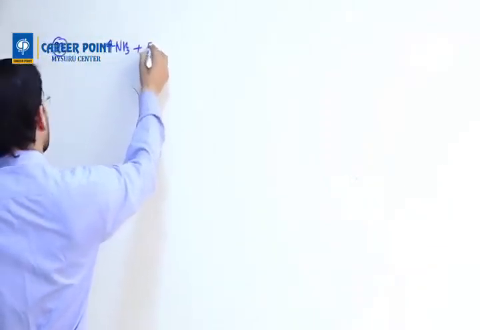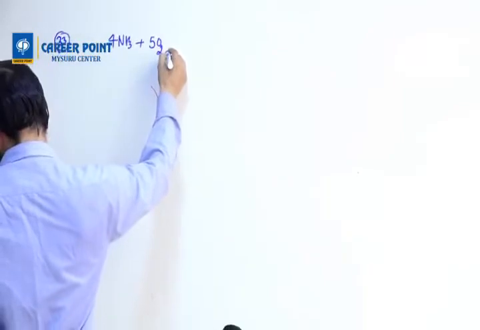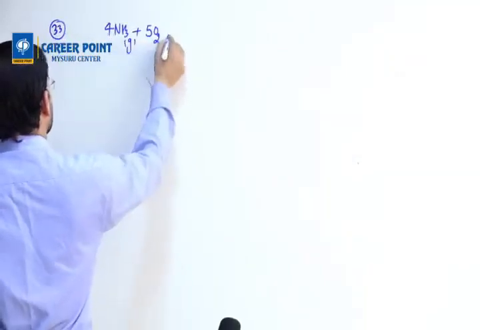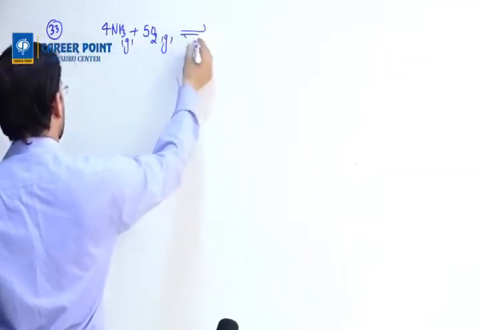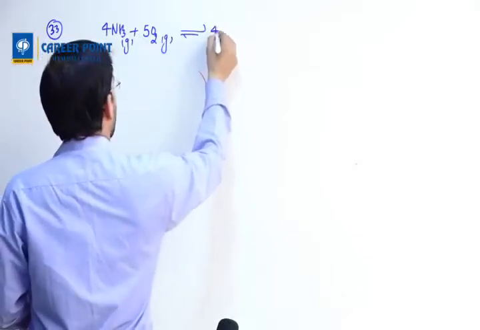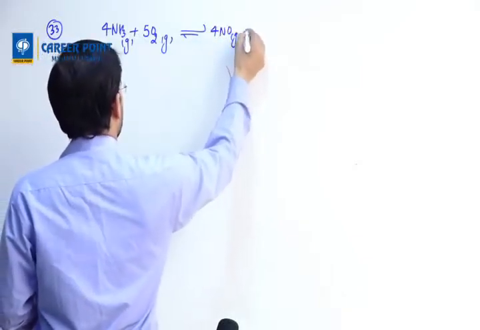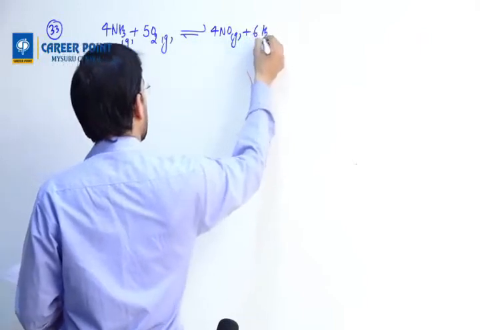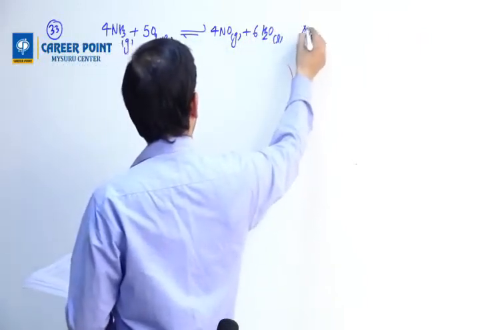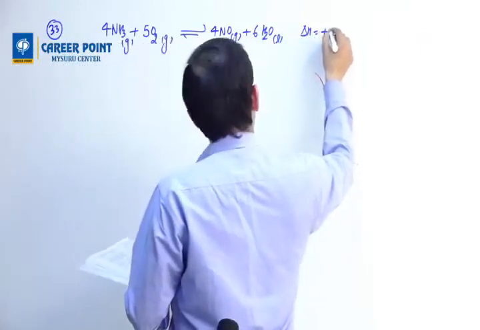The reaction is 4NH3 plus 5O2, these are gases, gives 4NO gas plus 6H2O liquid, with delta H positive.